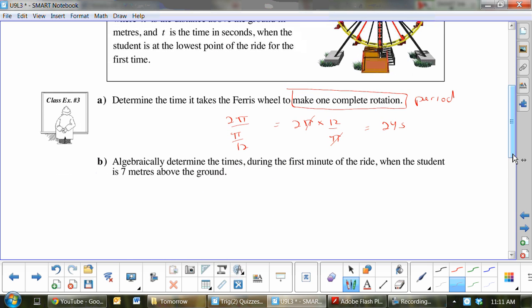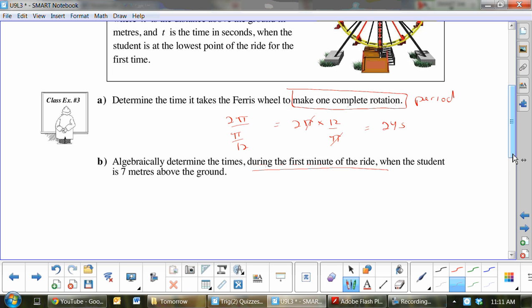Okay. Now, algebraically determine the times during the first minute of the ride when the student is 7 meters above the ground. So in other words, we're looking for t.